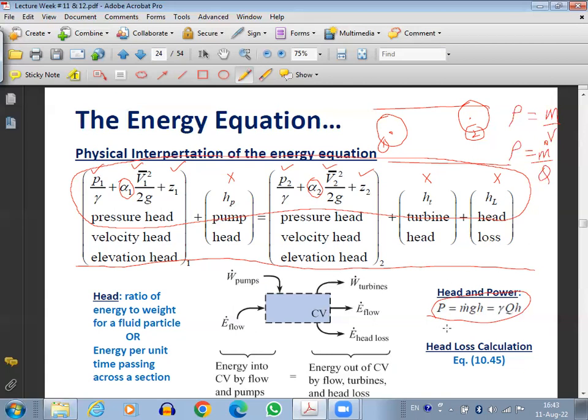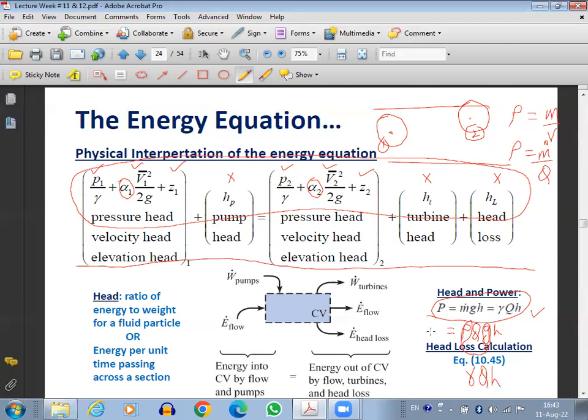So I can write density times volume flow rate multiplied by g multiplied by H. Now density multiplied by g is basically gamma, so gamma QH. The same formula. So P equals m dot gH, which equals gamma QH.